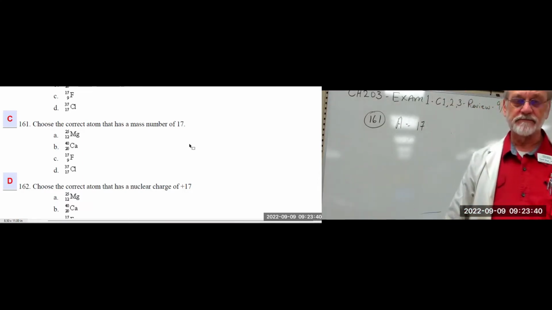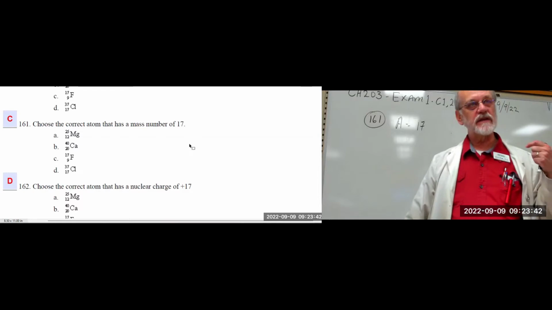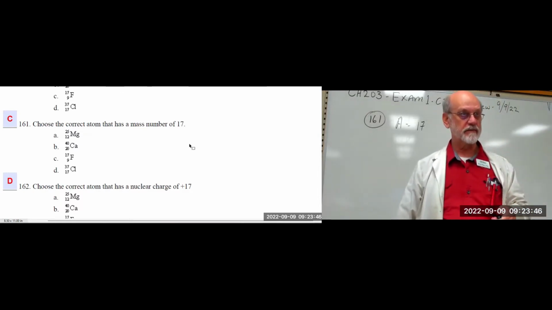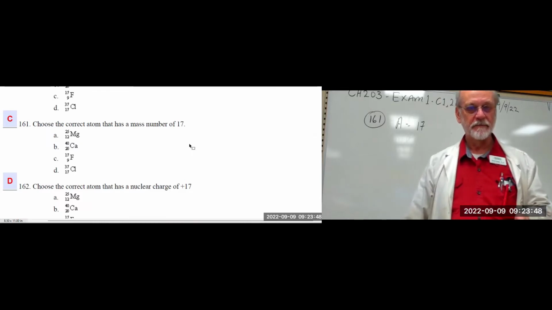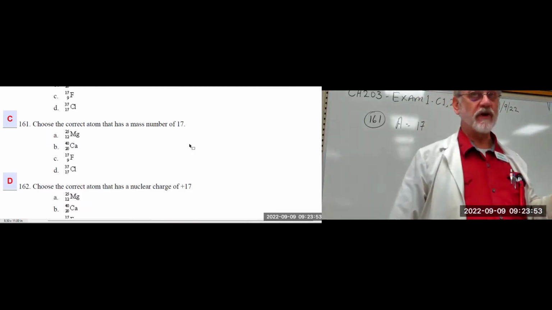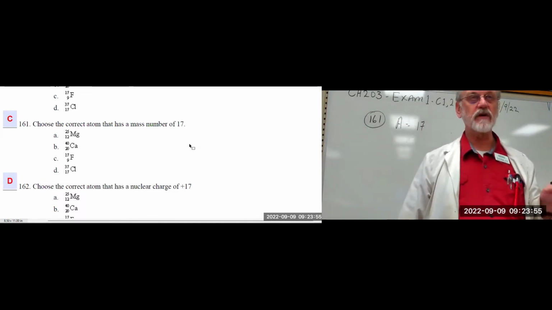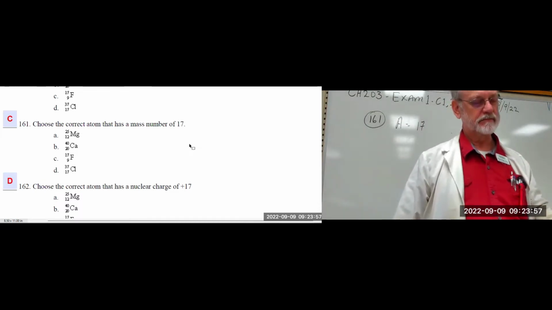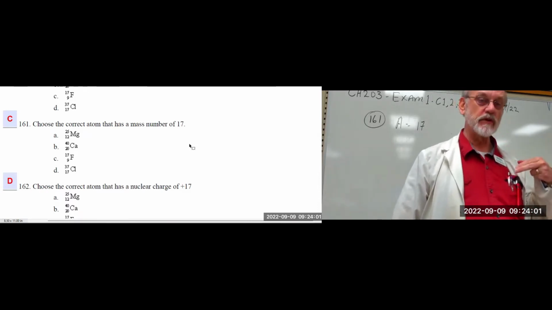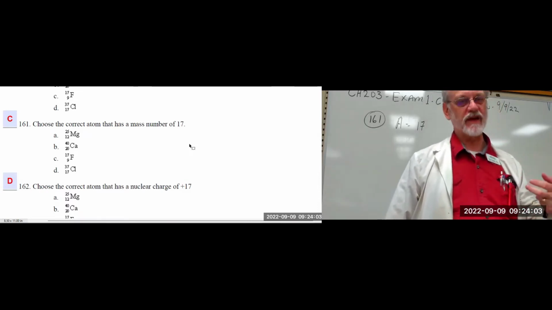So for this one, you need to look at the number on the upper left-hand corner of each element. It won't be chlorine this time because we're not talking about protons. We're not talking about atomic number. We're talking about mass number, which is protons plus neutrons. So you're looking in the upper left-hand corner.